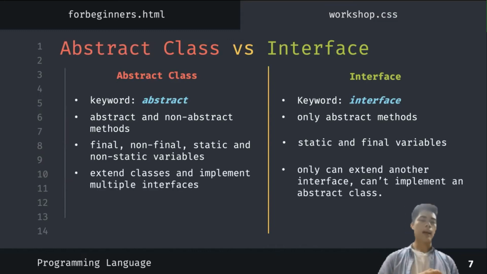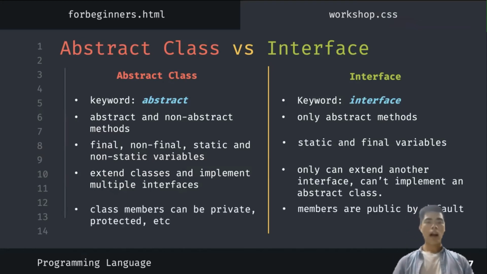An abstract class can extend classes and implement multiple interfaces. However, an interface can only extend another interface, and it can't implement an abstract class. Class members in an abstract class can be private, protected, etc., while the members in an interface are public by default.